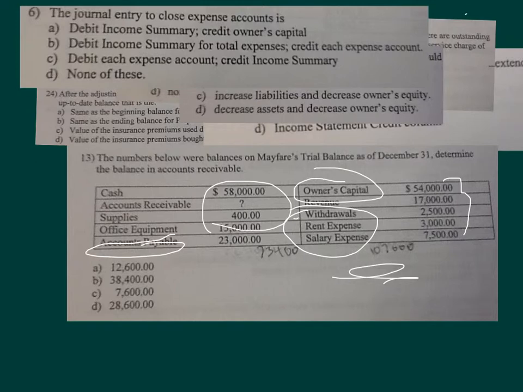What we have to take is owner's capital, which is 54,000. We're going to add 17,000 to it, and we're going to get 71,000.